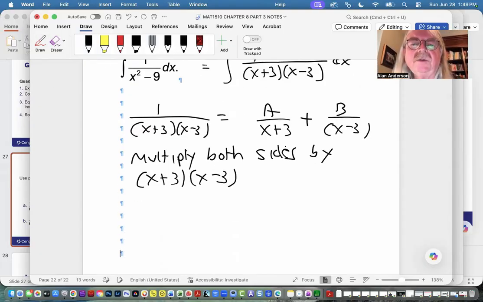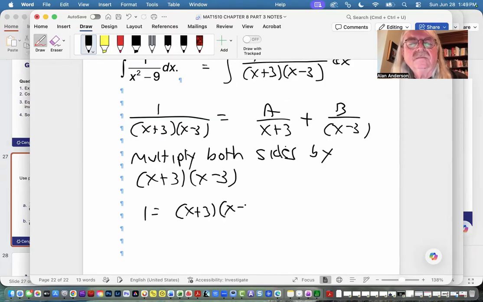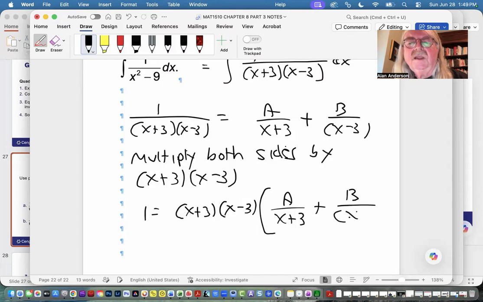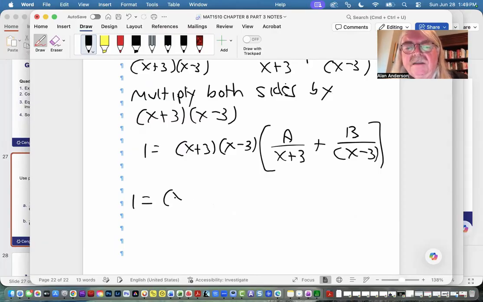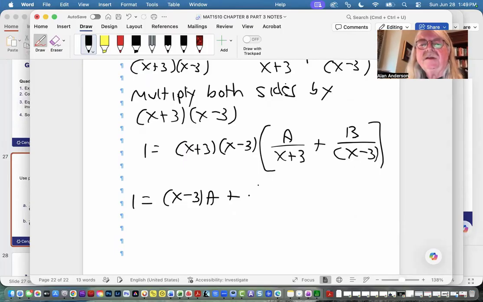So on the left-hand side, we'll have 1. And of course, here there'll be a lot of simplifications. So for the A term, the x plus 3's drop out. For the B term, it's the x minus 3's that drop out.